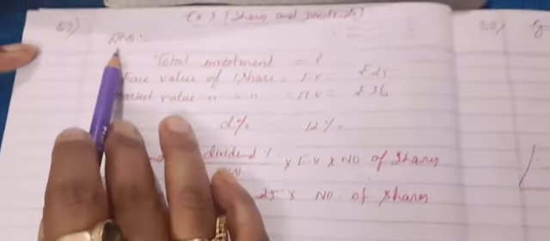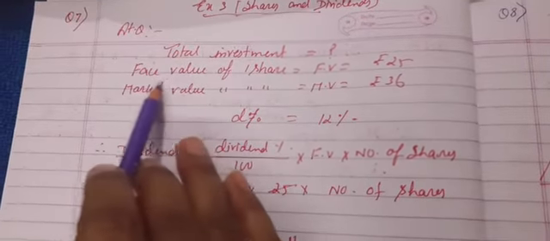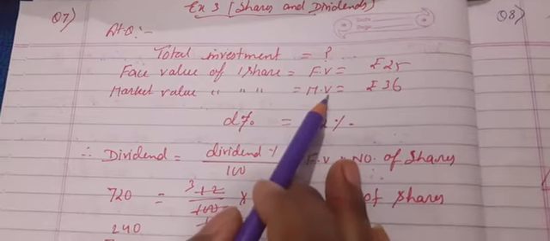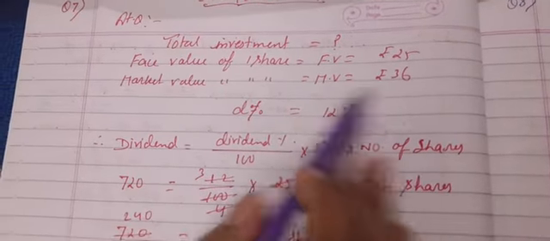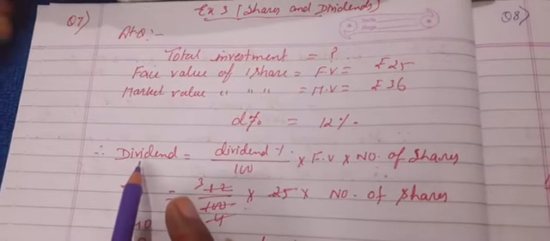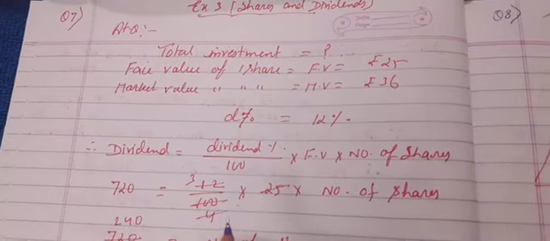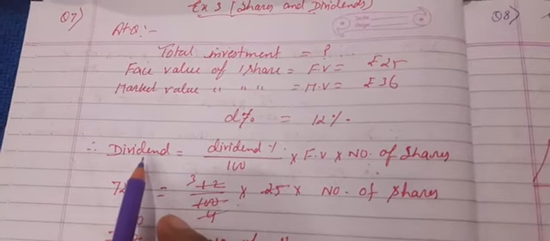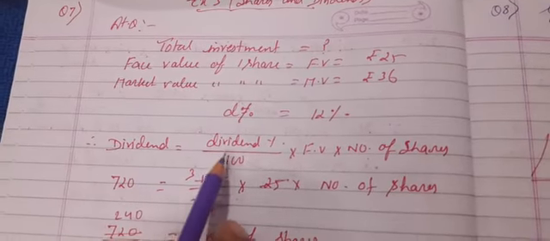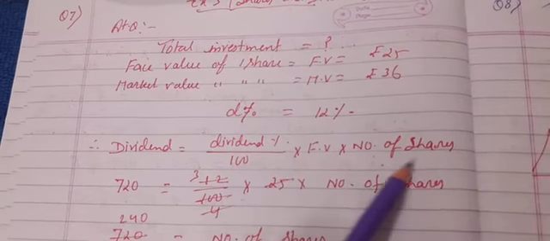So let's see how I have solved it. First of all, I have written that according to the question, total investment we have to find out. What is given? Face value of one share, that is FV, is rupees 25. MV of one share is rupees 36. Dividend percent is 12%. Dividend is given, dividend percent is given, FV is given, but number of shares is not given.